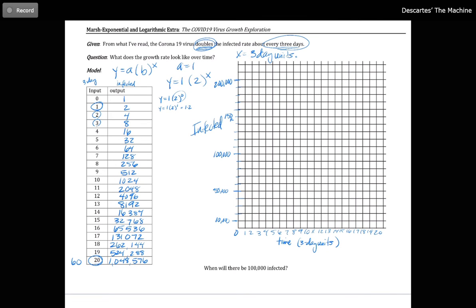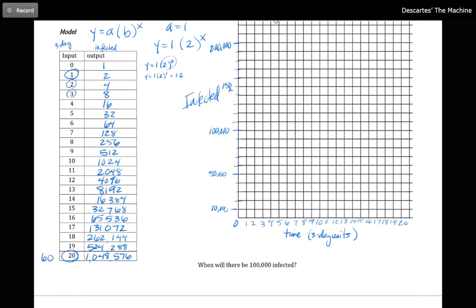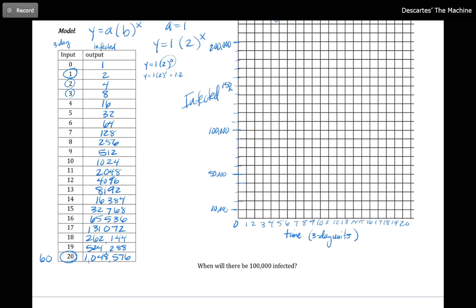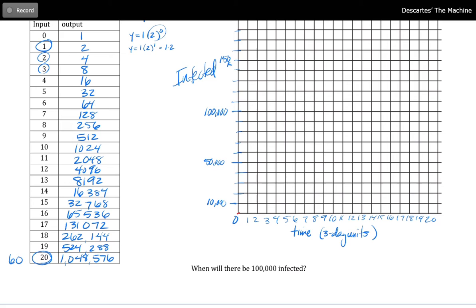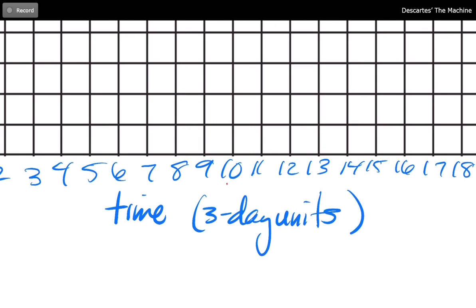Okay, so let's plot it. 0 would be 0. I'll do the graph here in red. Where does it even come close to being visible at 10,000? After 10 days, you're at 1,024. Isn't that a tenth of 10,000? So after 10 days, right here.